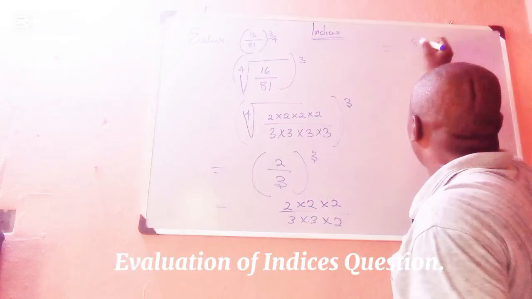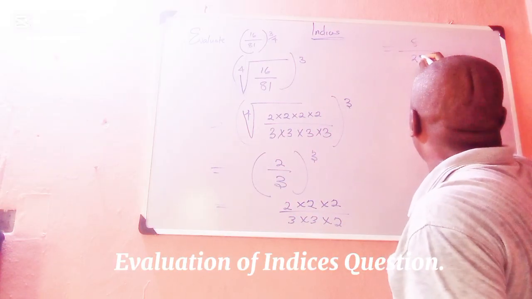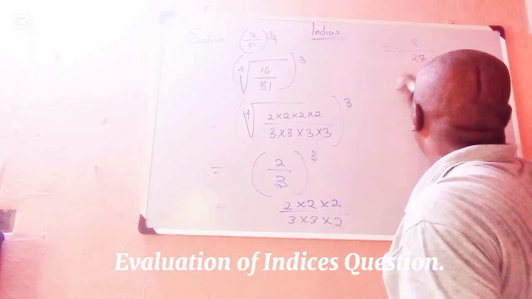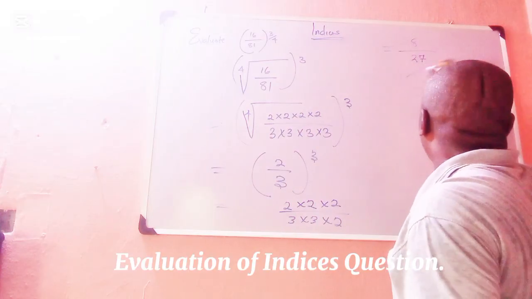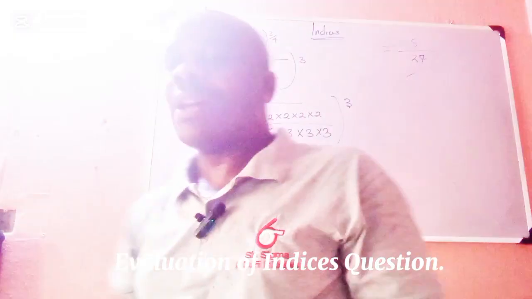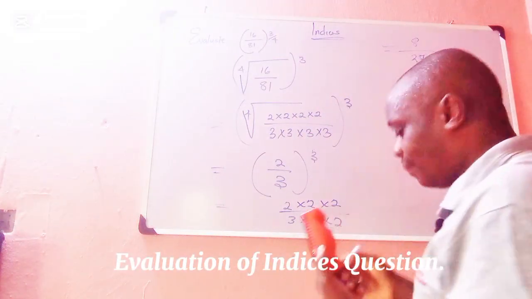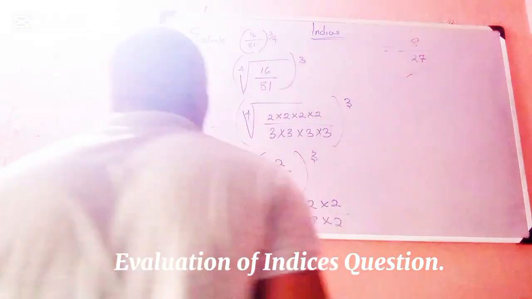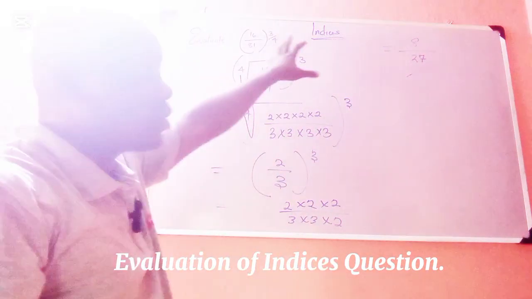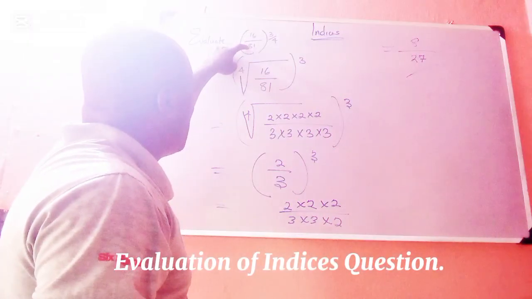So we now have 8. On the bottom, 3 times 3 is 9 and 9 times 3 gives us 27. So the answer to this question is 8 over 27.